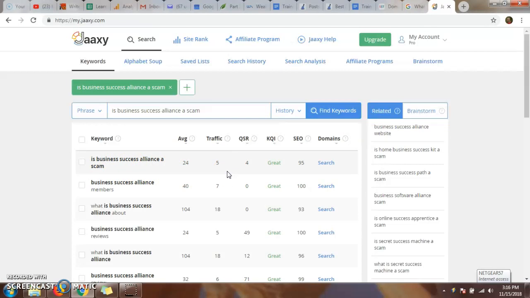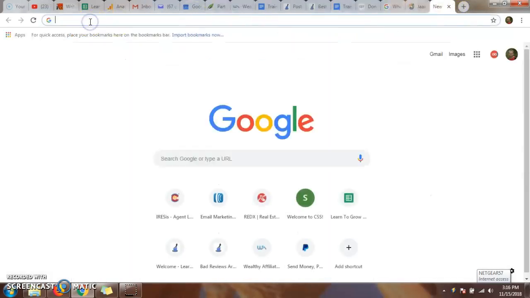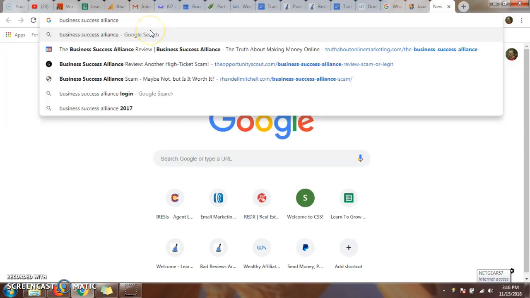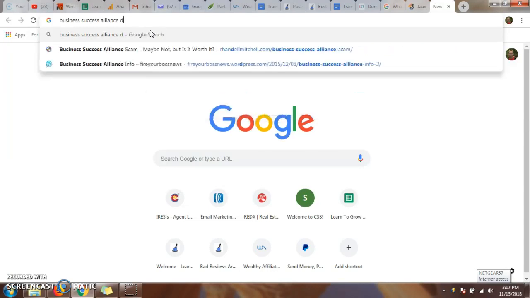So that's the basics of how you do keyword research. You type in the phrase and take a look at it, and you can also use Google Instant and come up with related phrases. I'll show you that real quick. If we take this root product and put an A and just go through the alphabet, we'll get different phrases that are related to it.